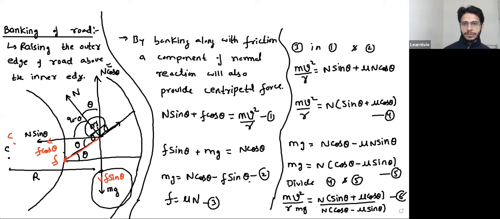That is equation number 6. So this N will cancel this N, m will cancel this m.